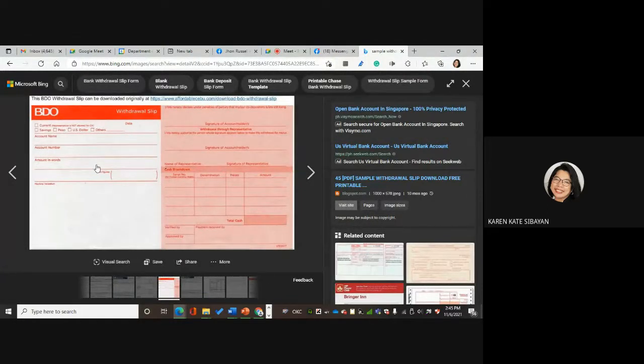Amount in words. So, make sure, alam nyo paano mag-sulat. Magkano ba ang withdrawal mo? For example, 1,000. So, ilagay mo dyan, 1,000 pesos only. Tapos ilagay mo dyan, peso sign, 1,000.00. Okay?